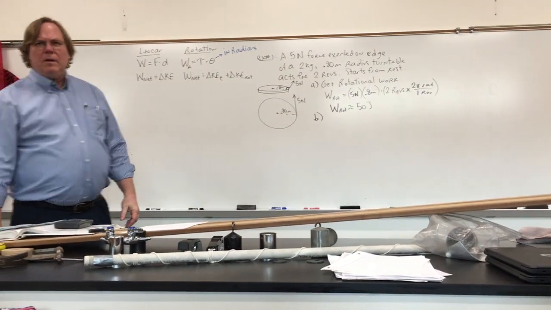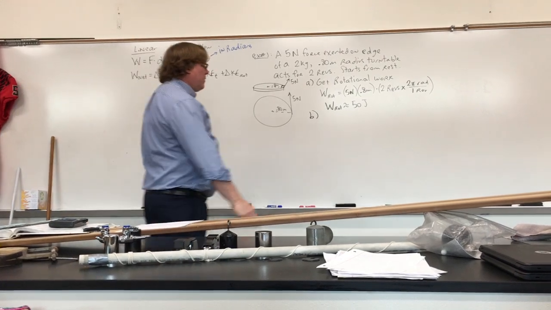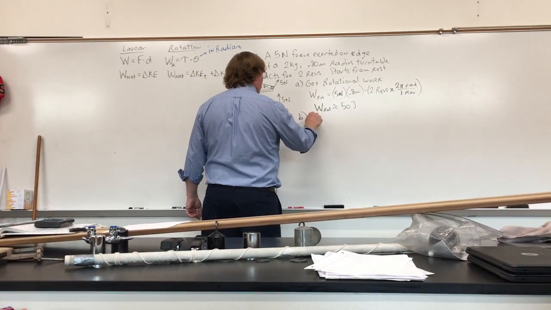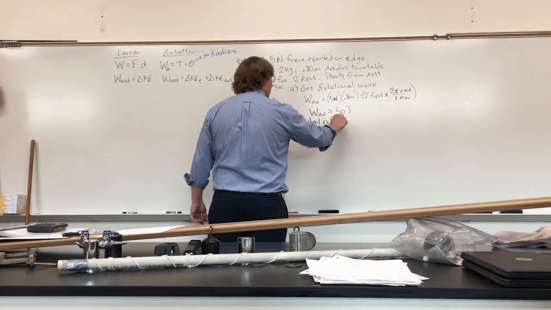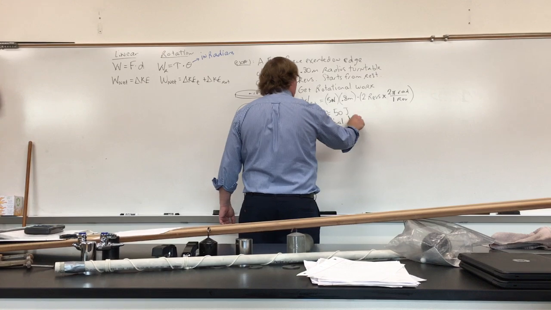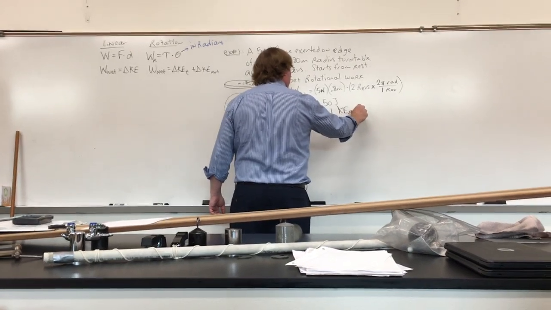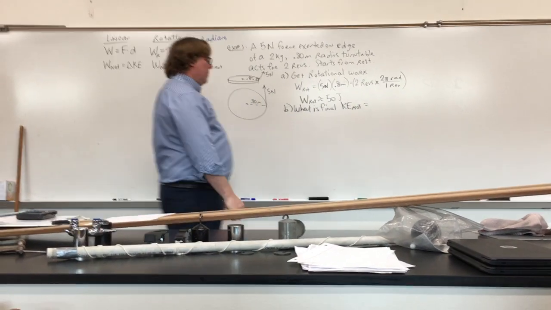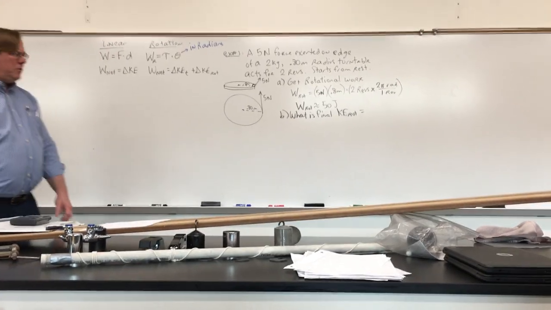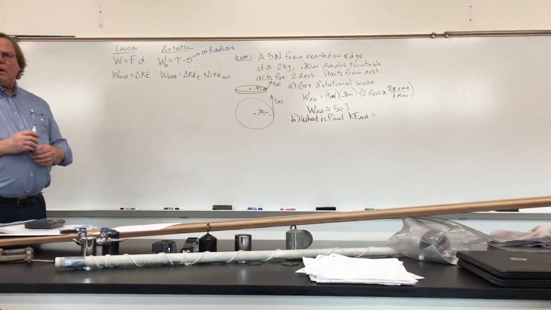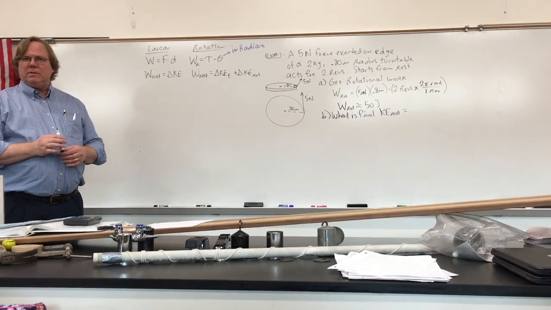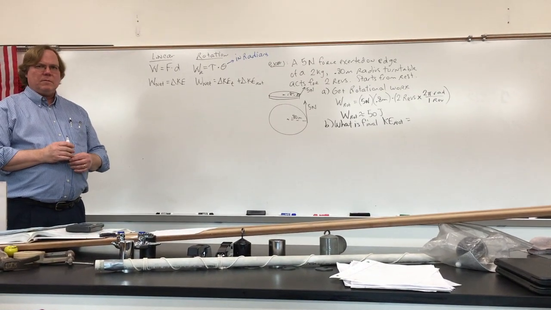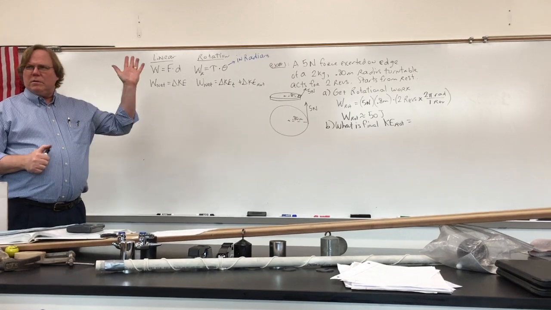Yay. And so now, here's the next question. What is the final rotational kinetic energy of the turntable? I just did 50 joules of work on this turntable. What do you suppose the final rotational kinetic energy is going to be? How many people think 50 joules?